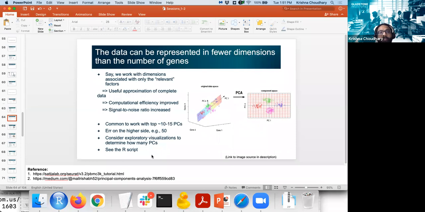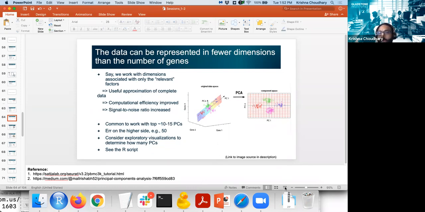So you can select the top 50 dimensions, but there are also some diagnostic plots which you can look at, as I will describe in a bit, to identify how many dimensions may be worth considering.